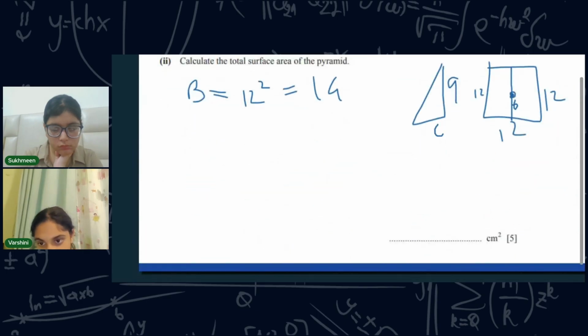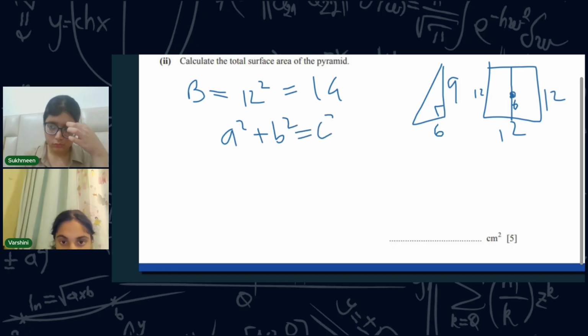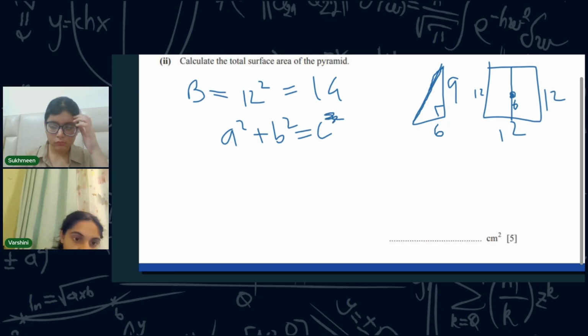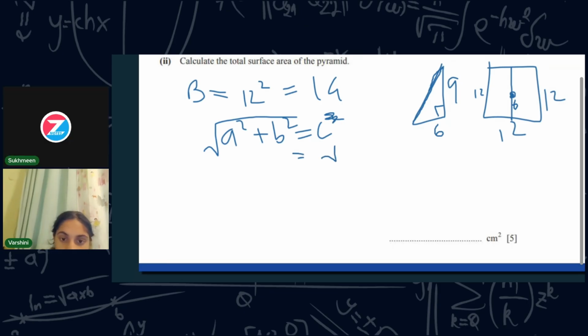And this is 6. And we also know that for any right angle triangle, a squared plus b squared equals c squared. And of course we need to take the square root to get just c. So this hypotenuse is going to be equal to the root of 9 squared plus 6 squared.